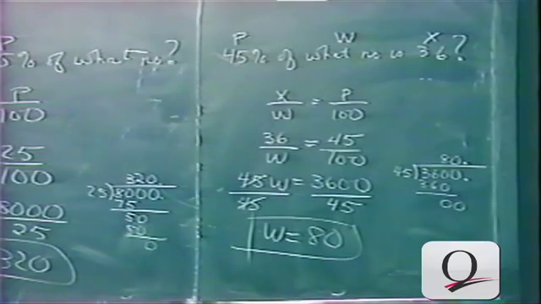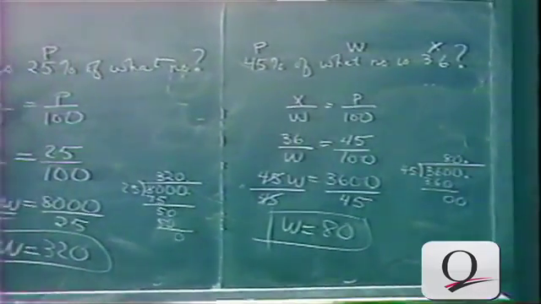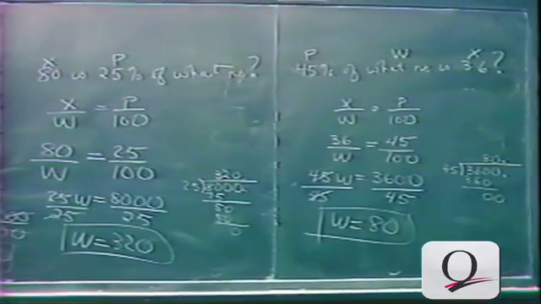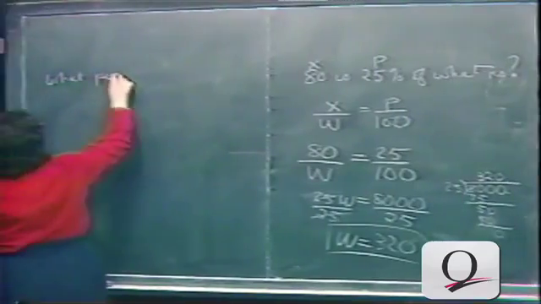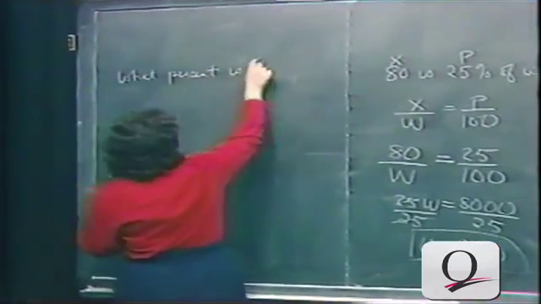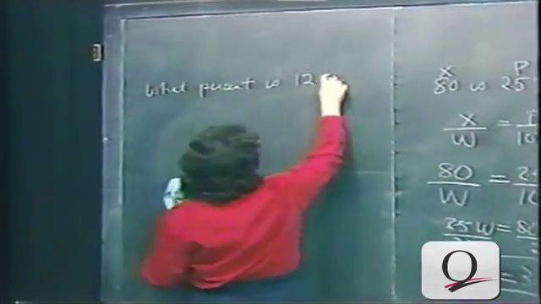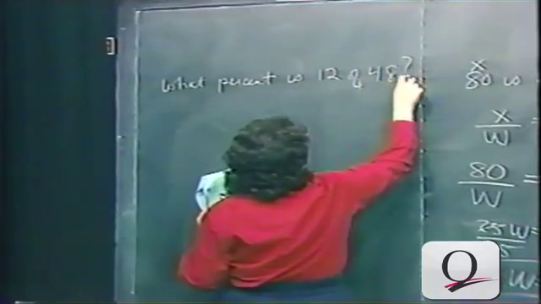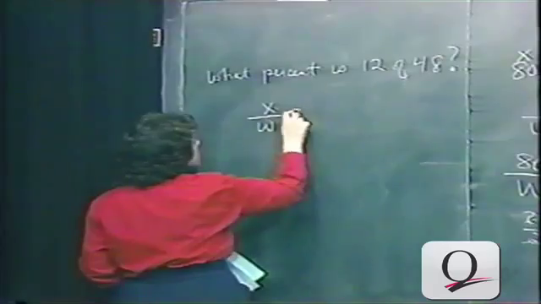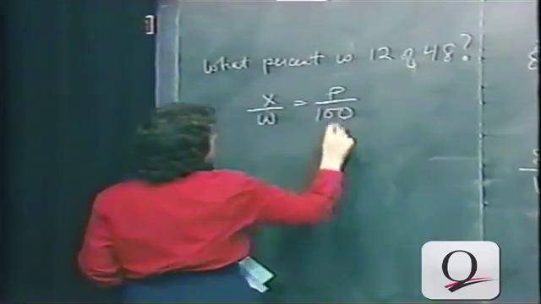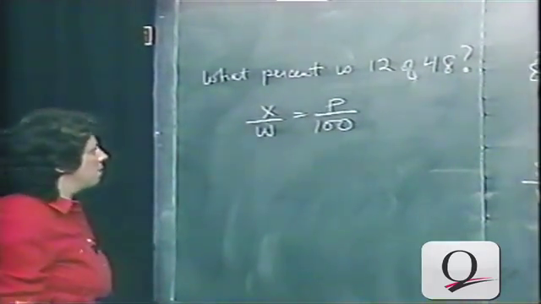We have seen some examples where we did not know the W and where we did not know the X. Now let's look at some examples where we don't know the P. What percent is 12 of 48? X is to W as P is to 100.